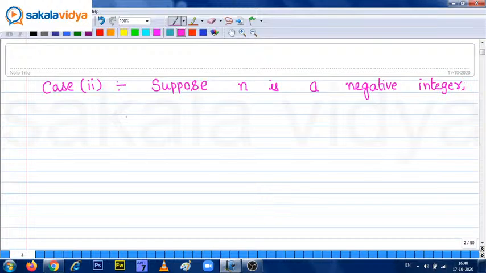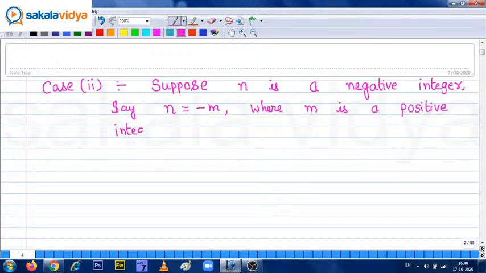So that means n is equal to minus m, where m is a positive integer. Since m is a positive integer, negative into positive becomes negative. n is negative.